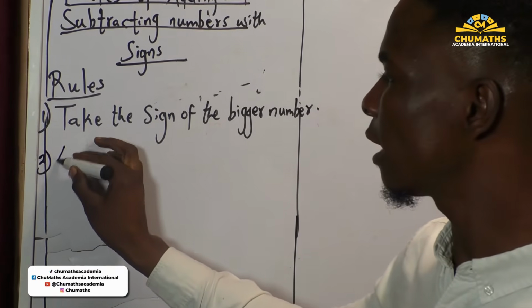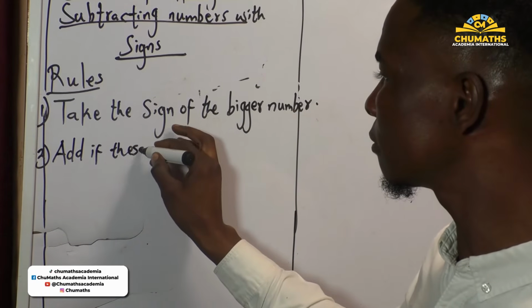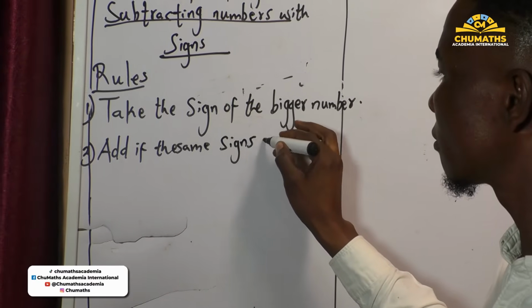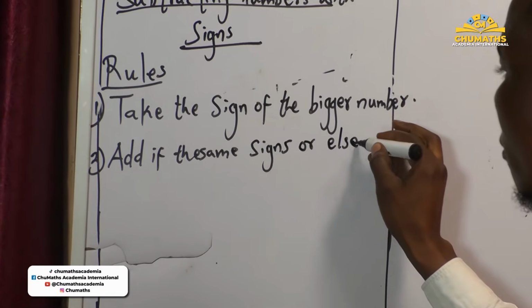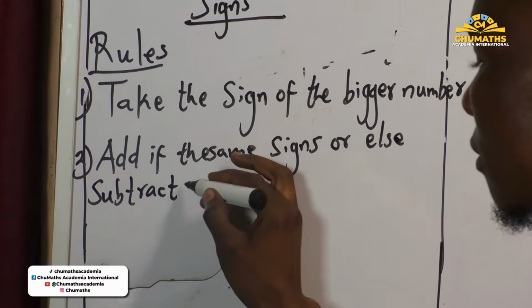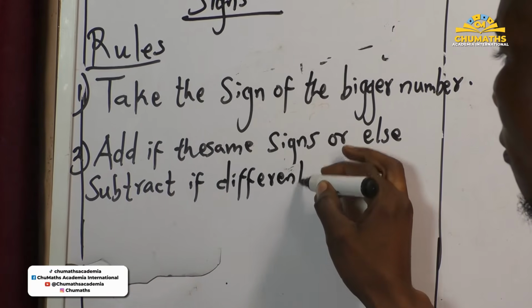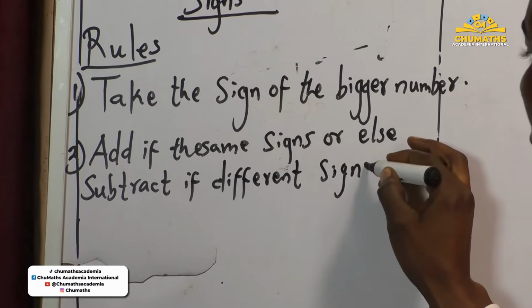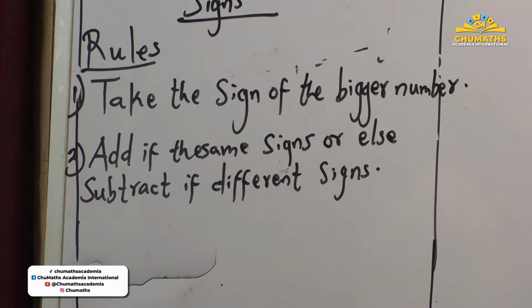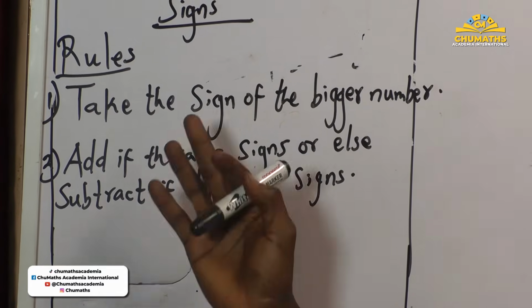Number 2 says... So these two rules will guide us in solving any question in mathematics that involves addition and subtraction of signs.